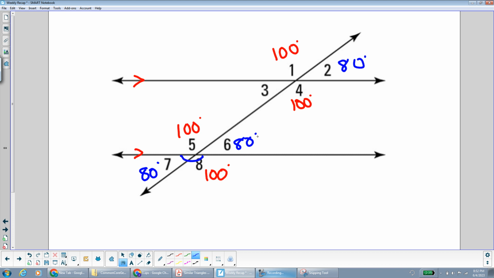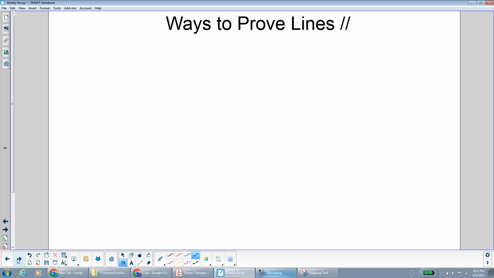And then finally, using alternate interior angles, if angle 6 is 80 degrees, angle 3, which is alternate interior with angle 6, would also have to be 80 degrees. So if you have parallel lines by a transversal, knowing just one angle measurement will get you all the other ones. Remember, all of the angle relationships that are true when parallel lines are cut by a transversal will also help to prove lines parallel.